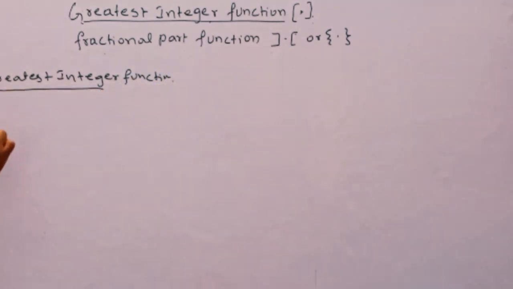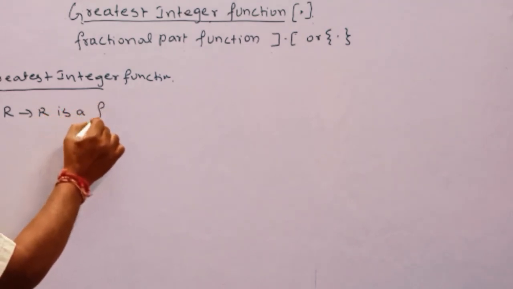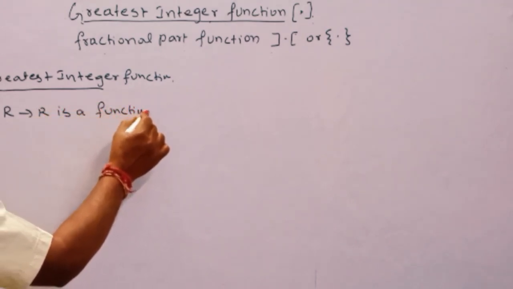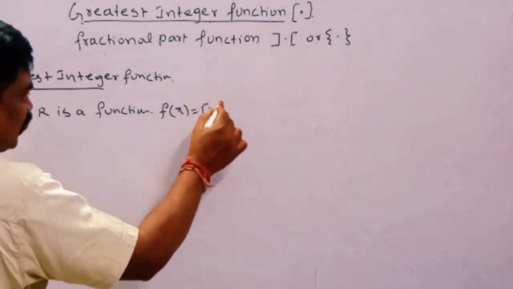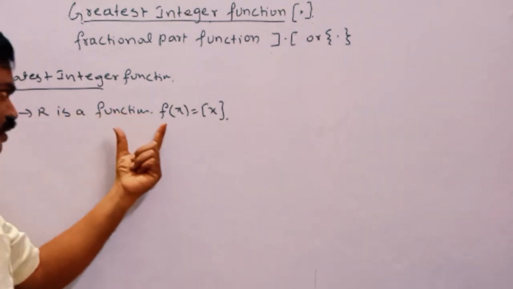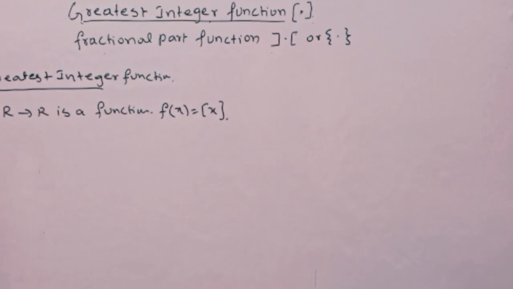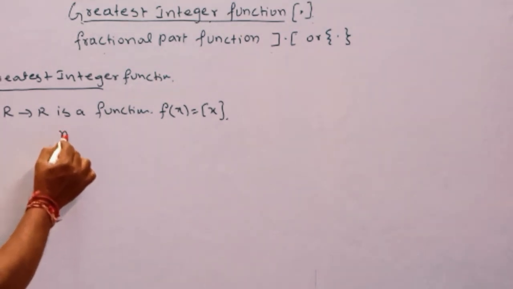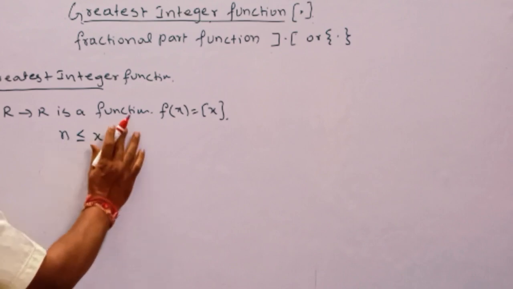f from R to R is a function defined as f(x) = [x], where n is less than or equal to x, which is less than n plus 1.